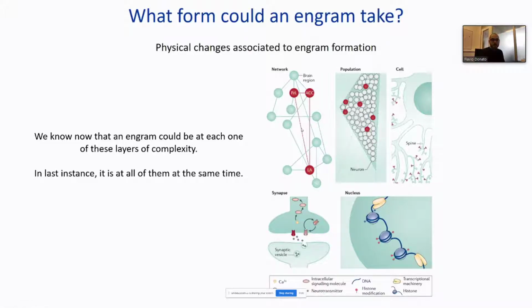So one thing that I want you to have clear in mind is that when we talk about the engram today, we're going to be looking at the population level, but the physical changes associated with memory formation span mostly all the different layers of complexity of the brain, from genes to networks.